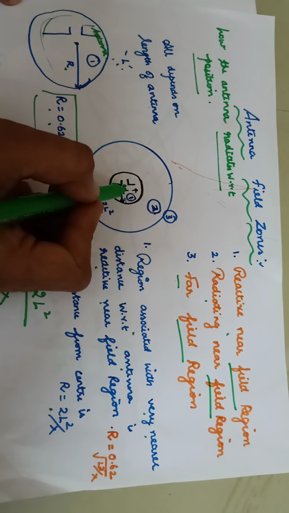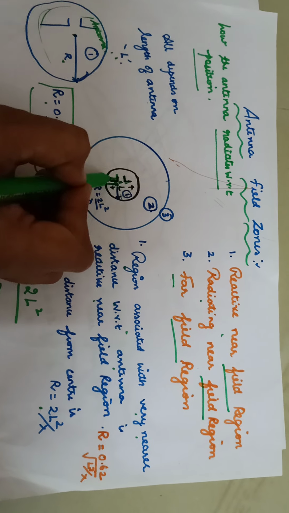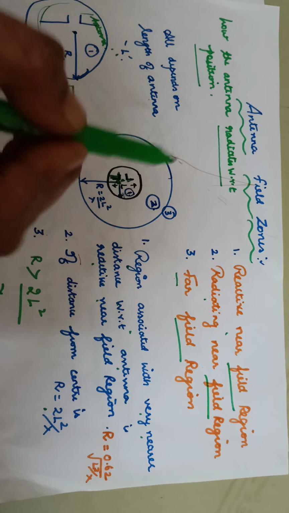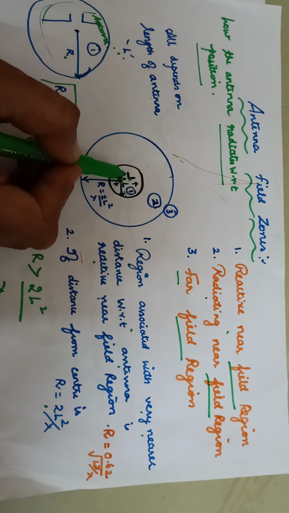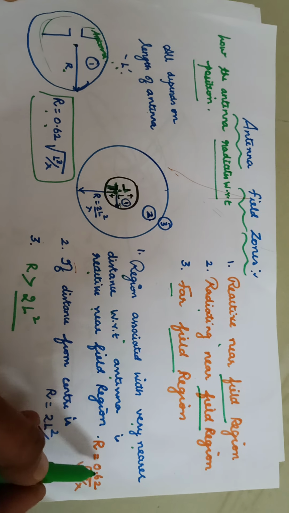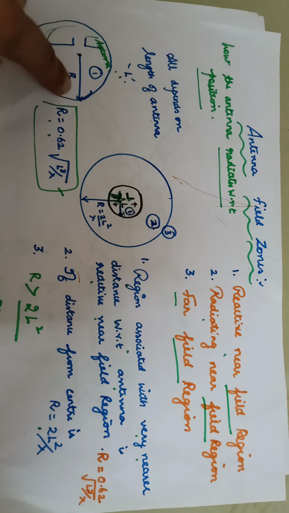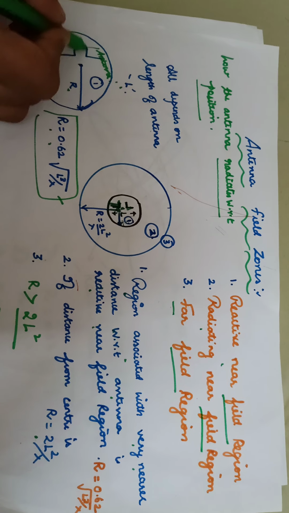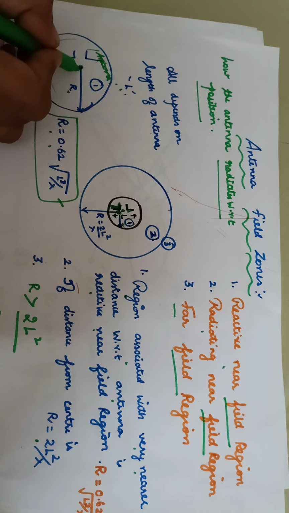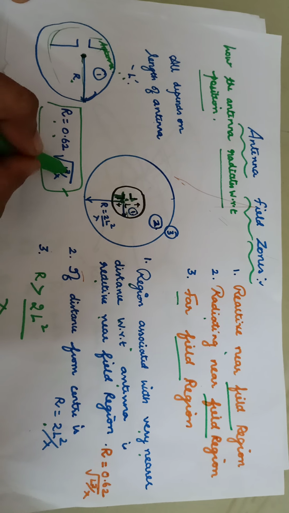See here, the black color is only an antenna, I have drawn it like this. From the antenna, if the radial distance is around 0.62 root of L cube by lambda, separately I have drawn a circle here to understand. From the center, the radial distance is about 0.62 root of L cube by lambda.